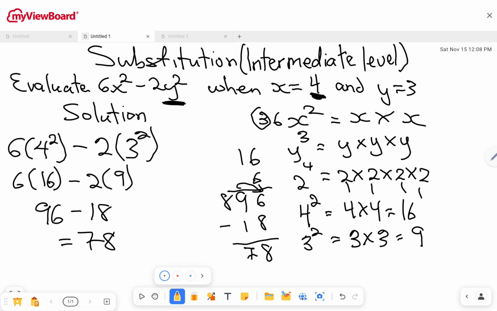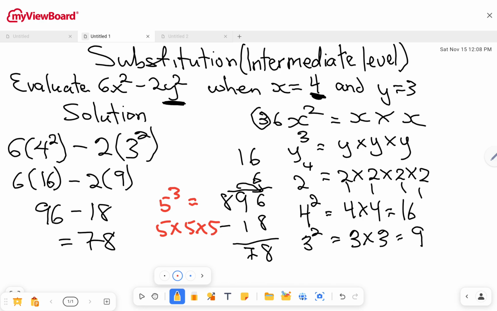Now, when it comes here, we also get to know something that we call exponent. And you need to understand that any number with an exponent, let's say 5 exponent 3, is the same thing as 5 times 5 times 5.